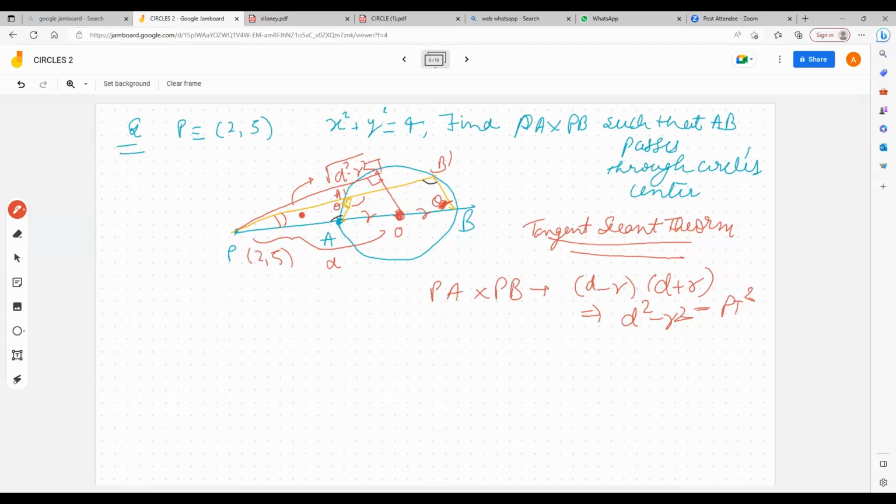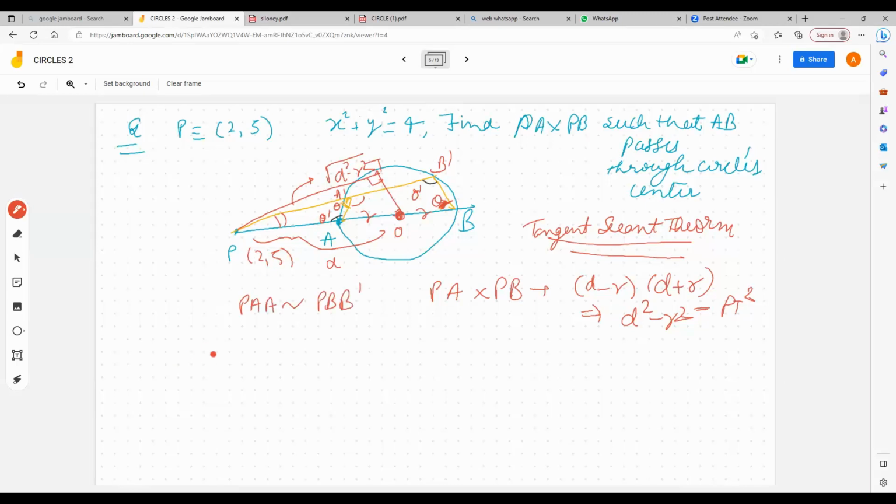Now let us call this theta and this as theta dash, and this also as theta dash, because both of these angles are also the same in a similar way. So we are applying similarity: triangle PAA prime is similar to triangle PBB prime.